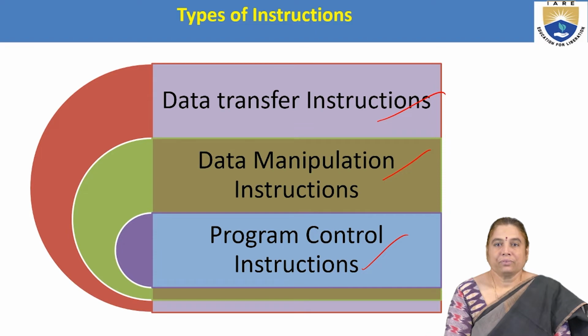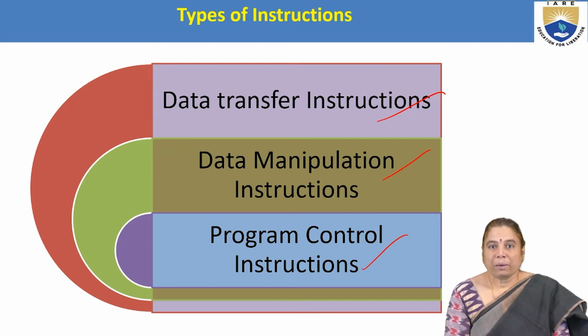Generally, the data transfer instructions are used to transfer data between the registers, memory, or the input-output devices, without changing the content. Data manipulation instructions provide the processing capability to the computer. Program control instructions are generally used to alter the execution sequence of the program.